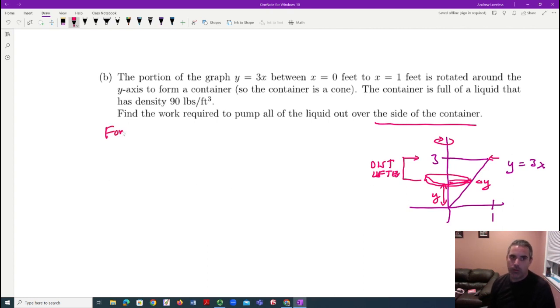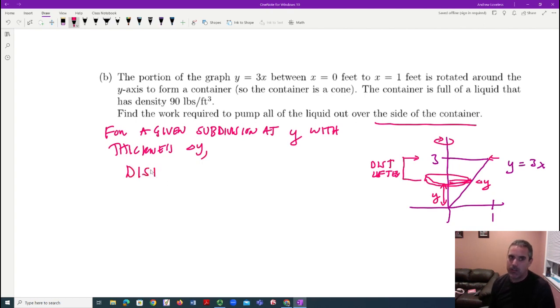So for a given subdivision at y with thickness delta y, we have the following pattern which holds for any subdivision like that.